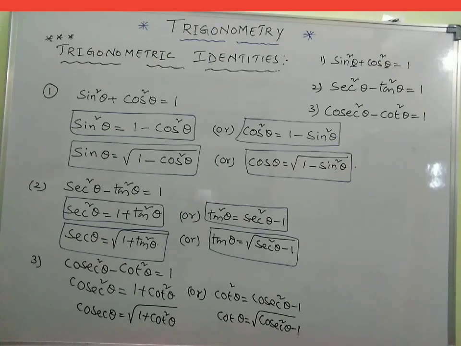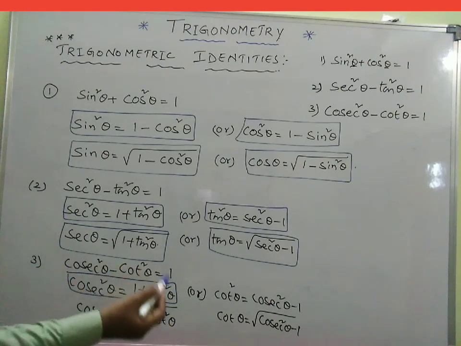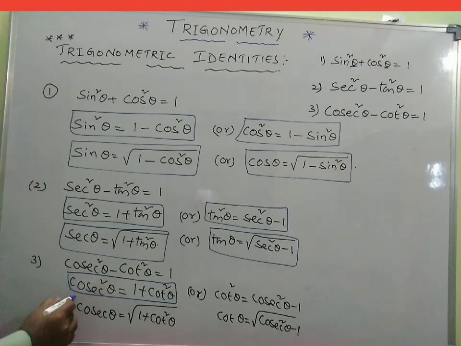So once again, the third identity is cosecant square theta minus cot square theta is equal to 1. And from this we can write cosecant square theta is equal to 1 plus cot square theta, and cosecant theta is equal to square root of 1 plus cot square theta.